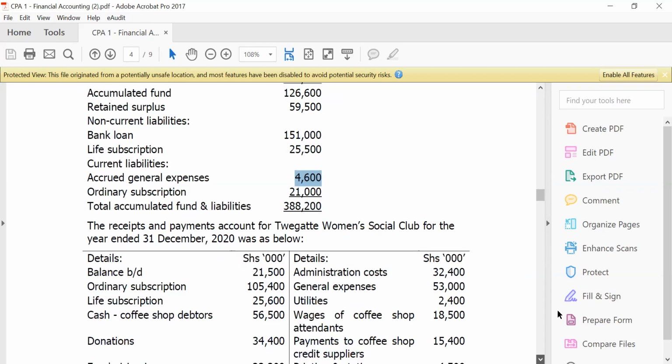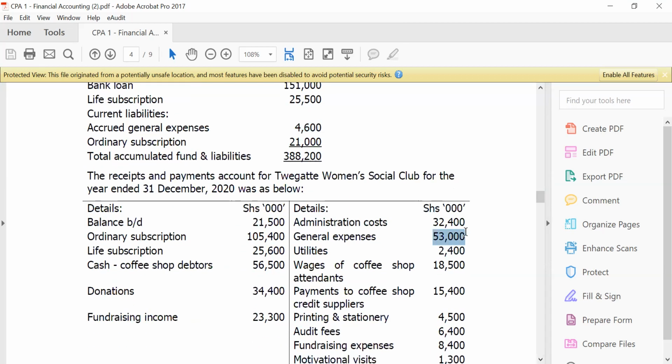Along the year, you paid some money. How much did you pay? 53,000. So this 53,000 you paid was partly paying for the 4,600.